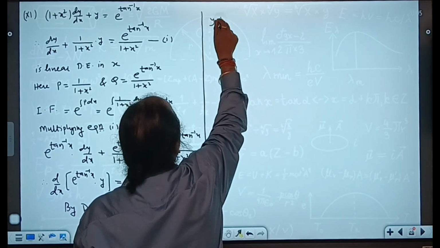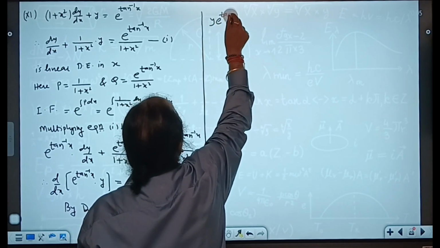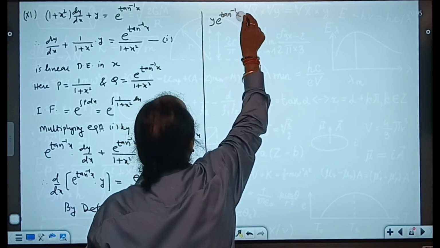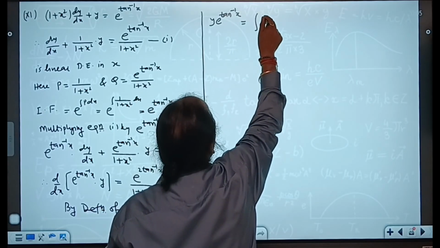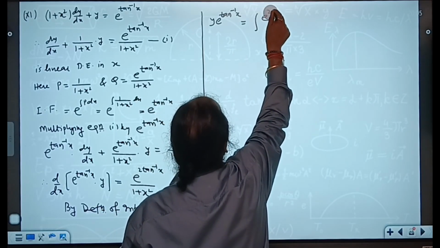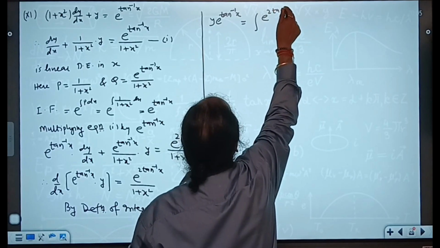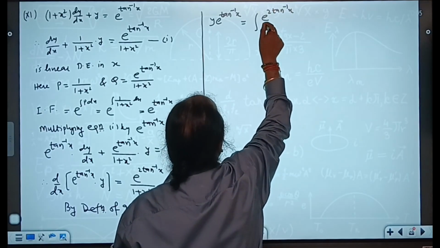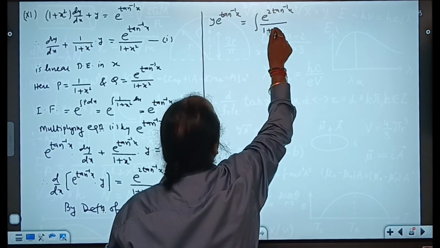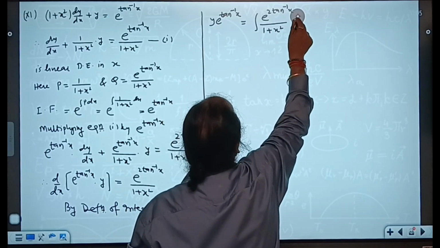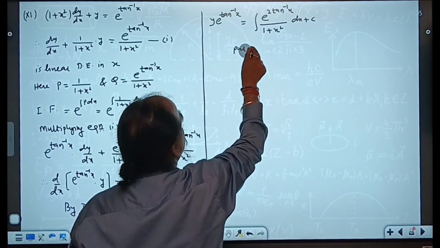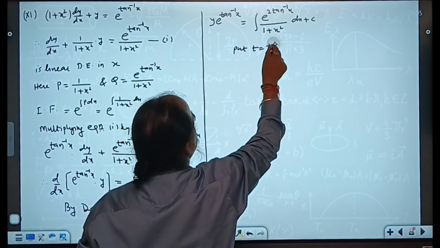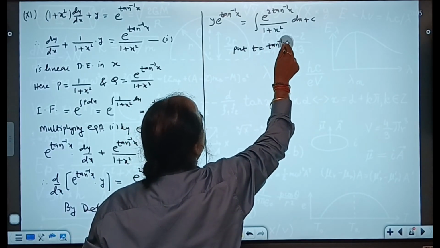y e raised to tan inverse x is equal to integral of e raised to 2 tan inverse x upon 1 plus x square dx. Put t is equal to tan inverse x.